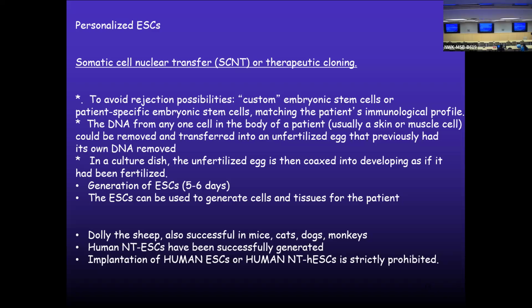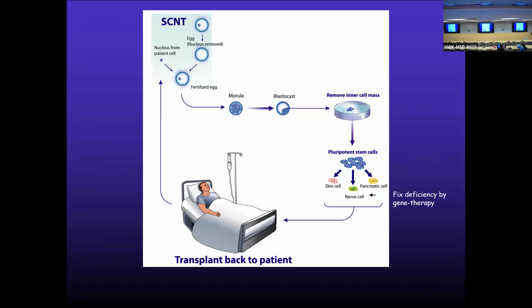Originally, it was called therapeutic cloning. Nobody liked that. And now it's called somatic cell nuclear transfer, because there's a nuclear transfer involved, okay? So this is what this slide is about. And this is the schematic. We have an egg where the nucleus had been removed, and we have a patient, we have a skin fibroblast, for example.